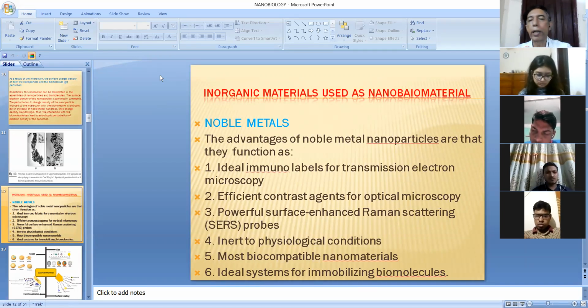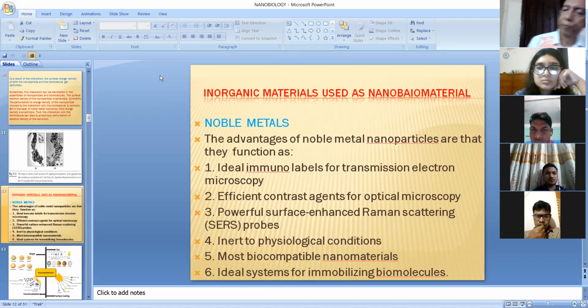If we cannot detect anything by electron microscopy, then we cannot know how they function in our body. To know the mechanism, how they function in our body, we have to detect them. We have to detect where it is going and how it is interacting with your protein or your body.